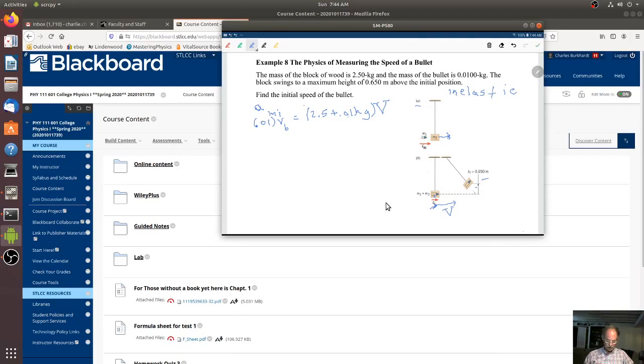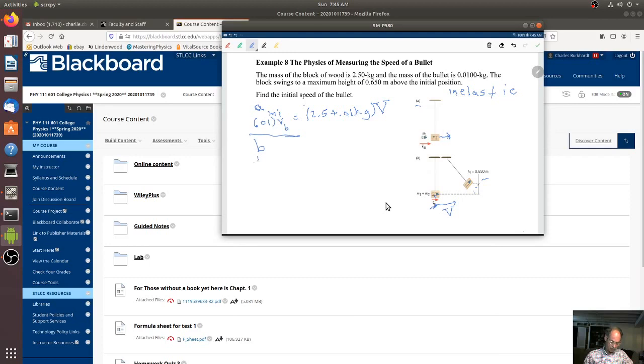So for part B, I'm going to use the equations from last chapter. I'm not going to write out the whole equations. I'm just going to take the kinetic energy initially is equal to the gravitational potential energy finally. That's what would come out of that.